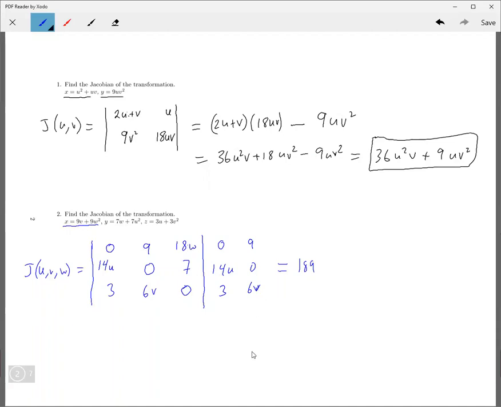Then these three, I got my calculator. So 18 times 14 times 6. Whoa. So that's 1512 UVW. Then going back the other way, it's all zeros. Great. So 189 plus 1512 UVW.